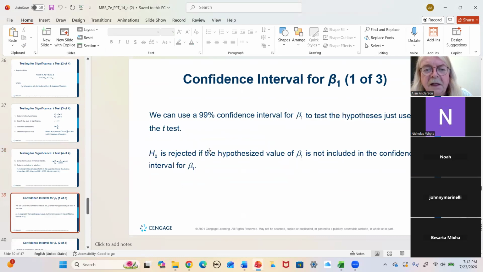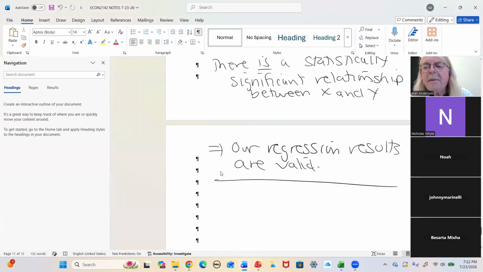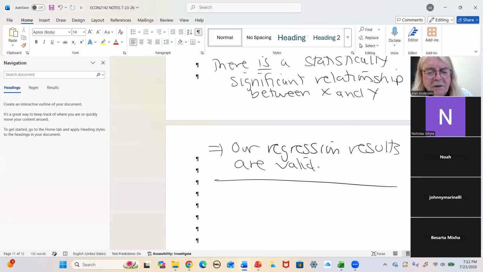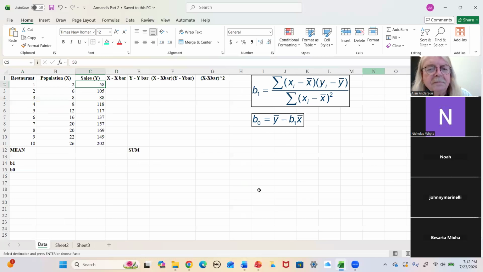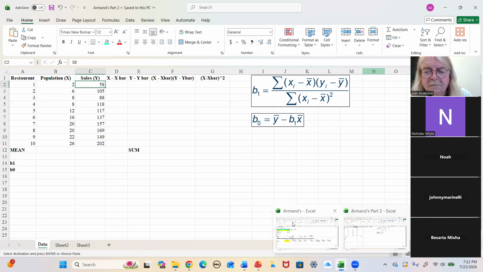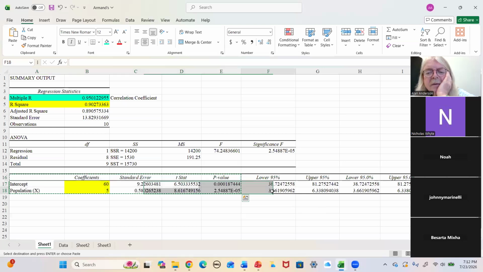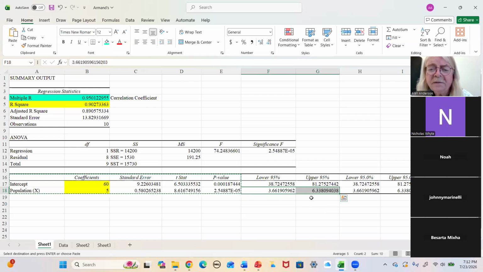Confidence interval. Now, by the way, here's something I do want to point out. When you look at your Excel printout, see what it's got here. It has the confidence interval that we need, but for 95%. If you want 99, you have to do something a little different. So let's just copy this first.